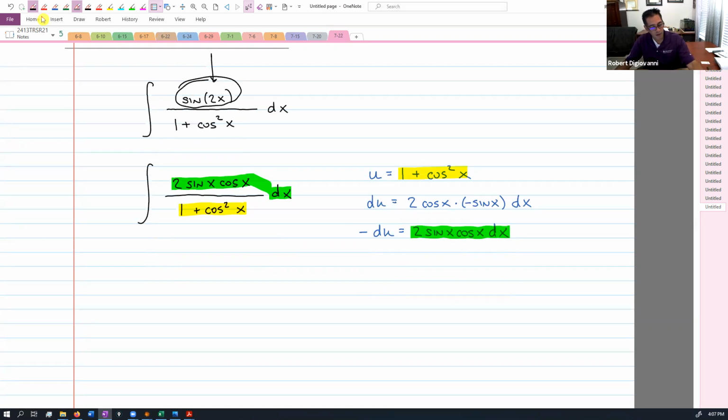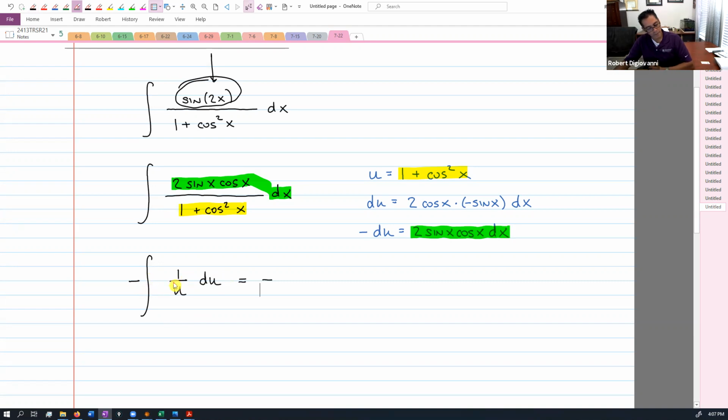All right, so we rewrite the integral. We have the yellow part on the bottom, that's going to be u, so that just becomes 1 over u. And all of the green stuff becomes a negative du. So I'm going to put a negative on the outside, du. What's the antiderivative of this? 1 over u. That's that special case, isn't it?